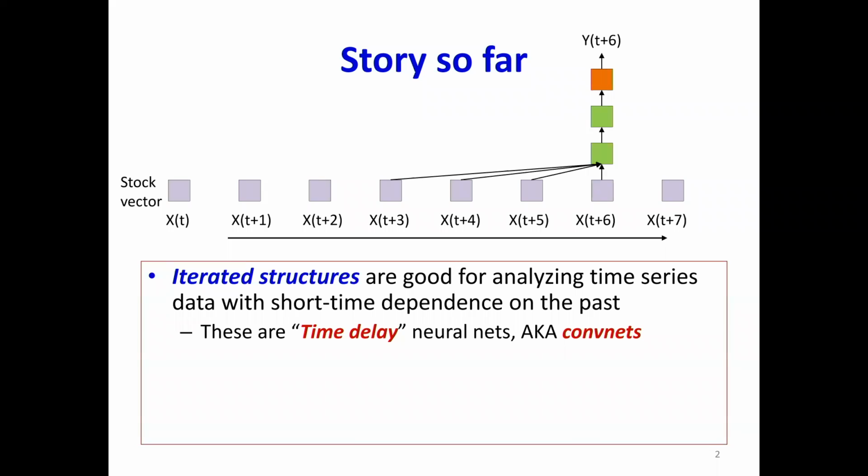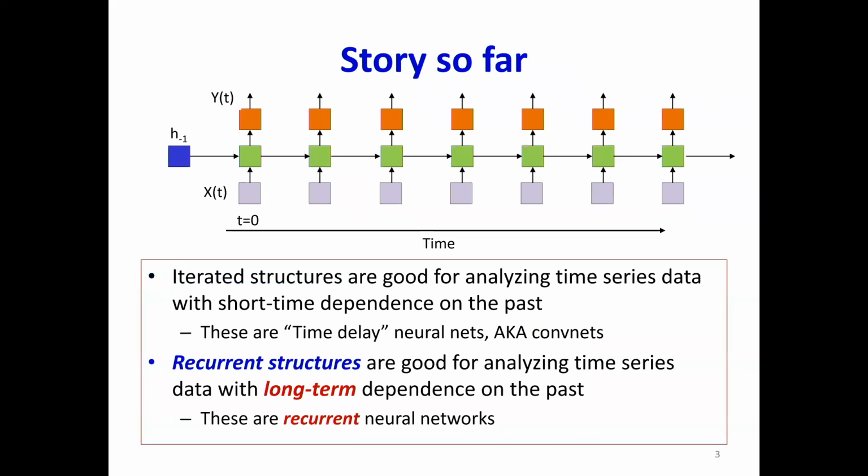This is your convolutional neural network. But if you want something where the model must analyze everything going back into the infinite past, you want recurrent structures of this kind, right? Now, I explained recurrent structures as models that are good for modeling time series. But it turns out that they can actually be used in other places as well to good benefit.